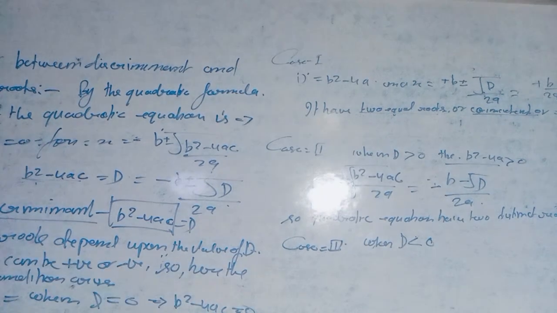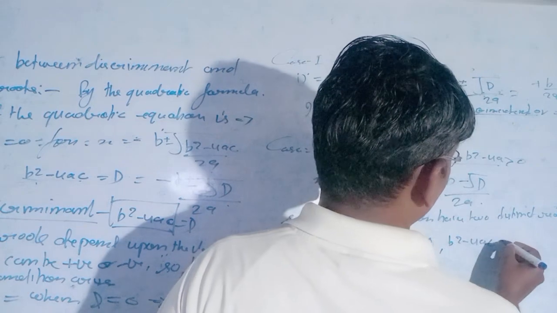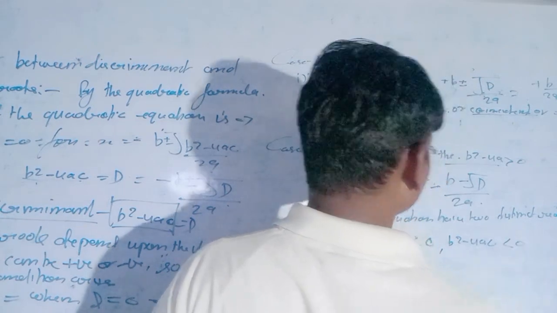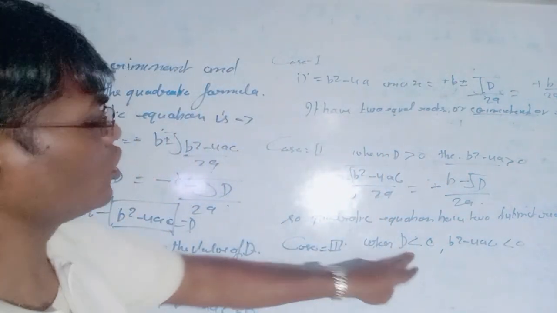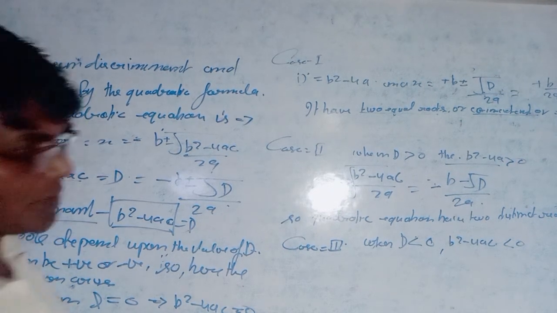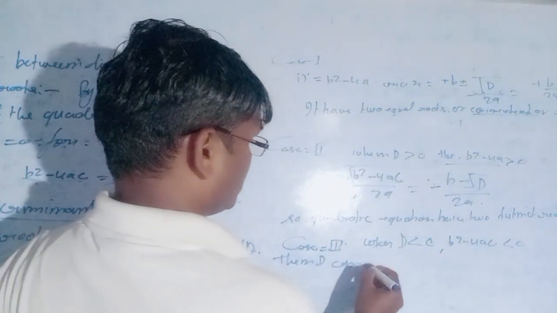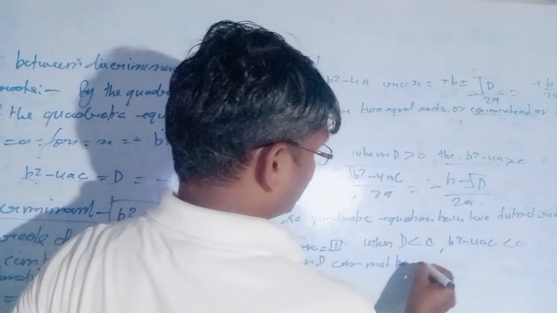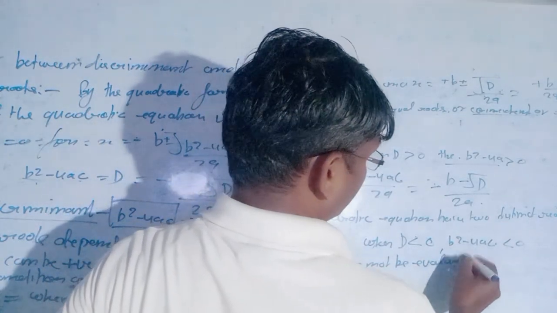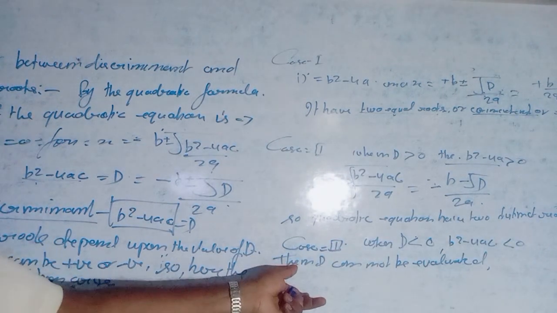Then b square minus 4ac is less than 0. So x value, if it is also less than 0, then the square root of d cannot be evaluated, meaning it would be imaginary.